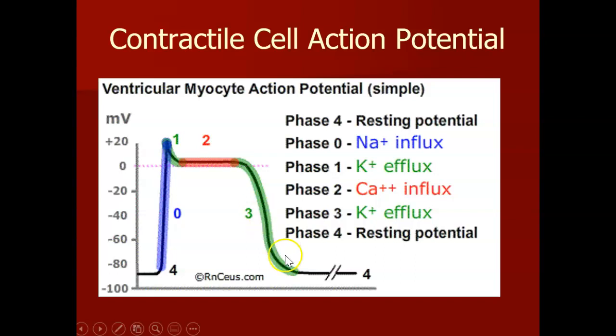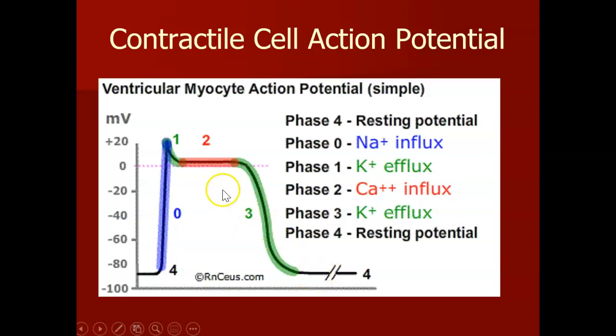At the same time, calcium ions are going to be pumped out of the cell. The sodium and potassium pump are going to become activated to make sure that we are bringing the membrane potential back to where we started, which is roughly negative 90 millivolts.